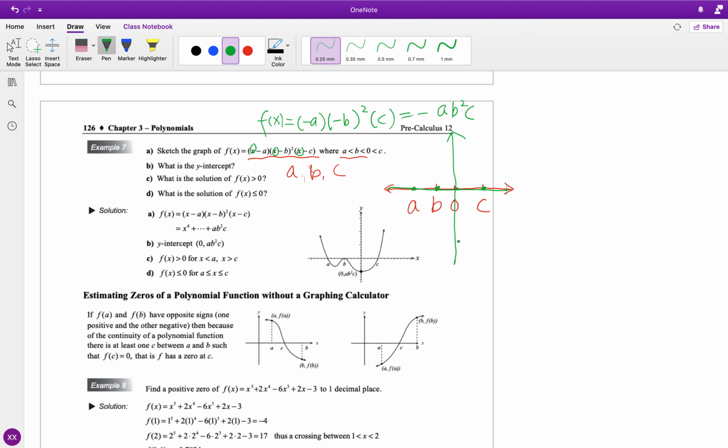So somewhere here, there is a 0 and negative a, b to the power of 2, and c. All right. Okay, so now we got all these things.